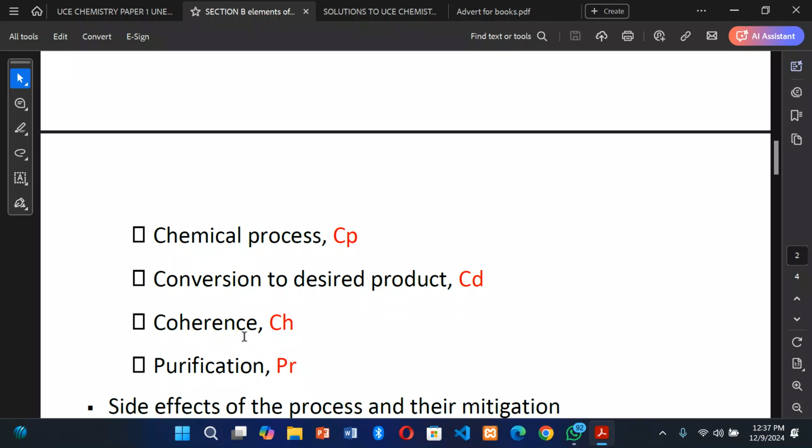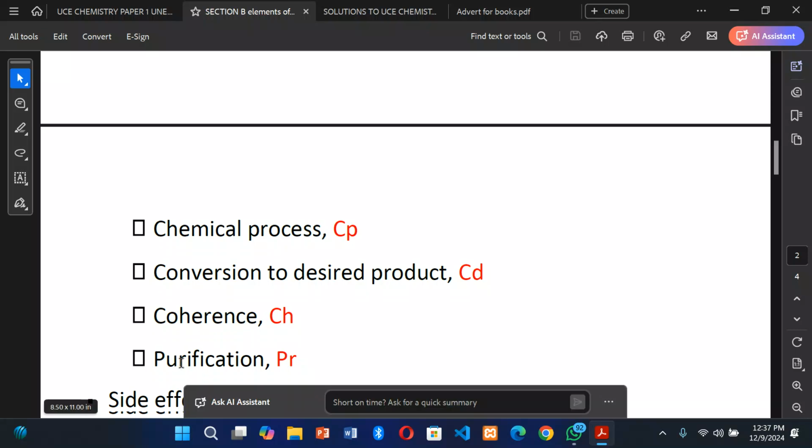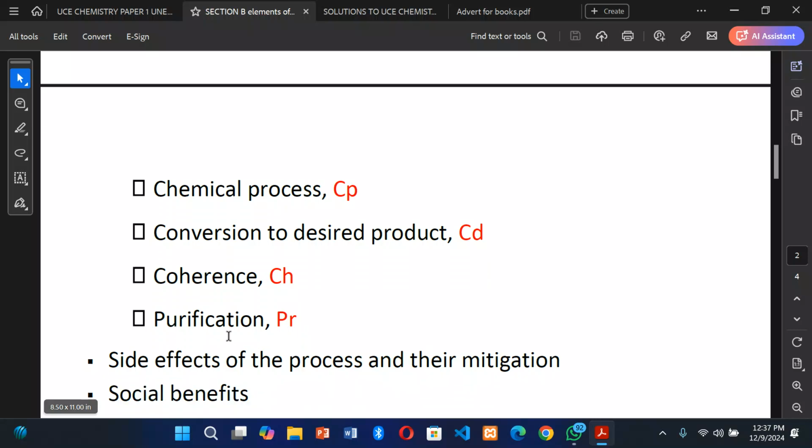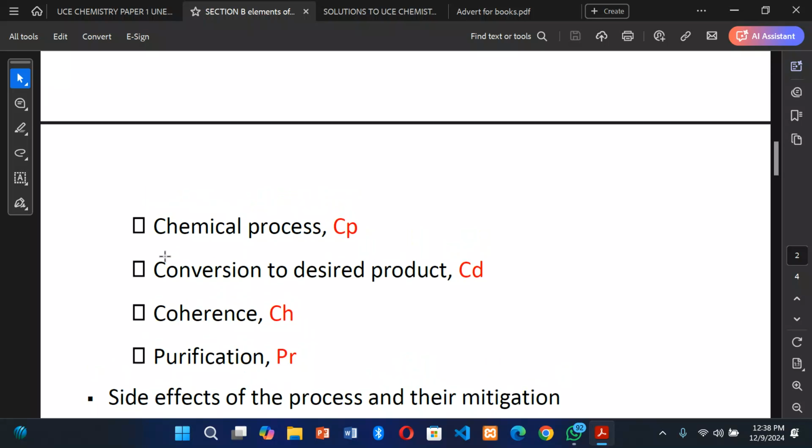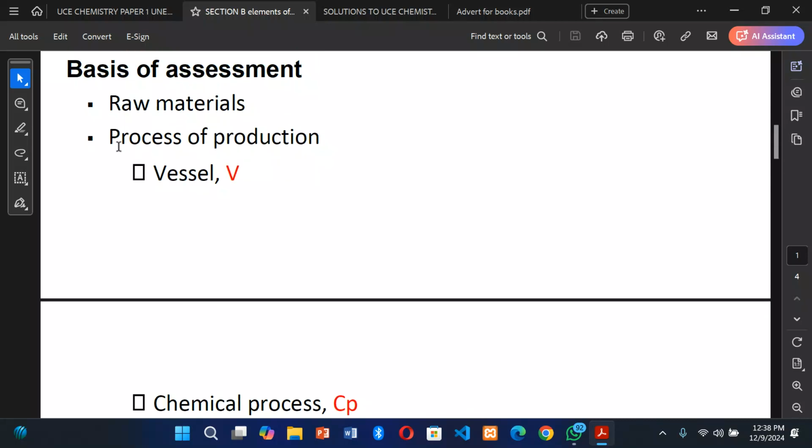Then coherence. This is the logical flow. Are you moving from step 1 to the second step and then to the last step? That is the coherence. And then normally we need to see purification. The product we are producing, is it a pure product? So the stage for purification is also supposed to be included in our steps. Those are the things that we consider during this stage of the process of production.